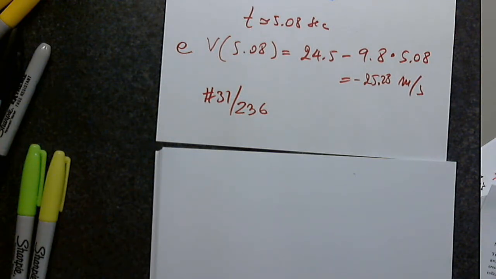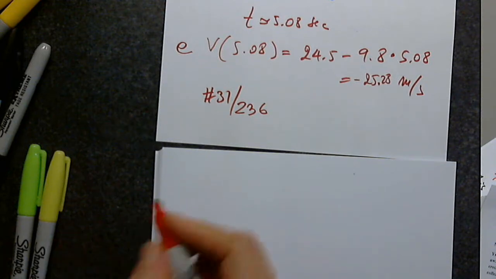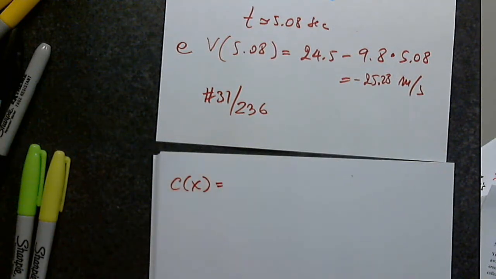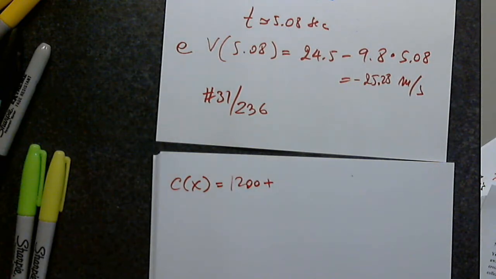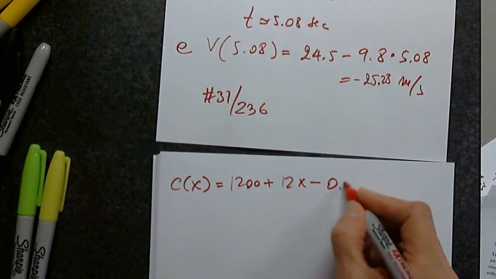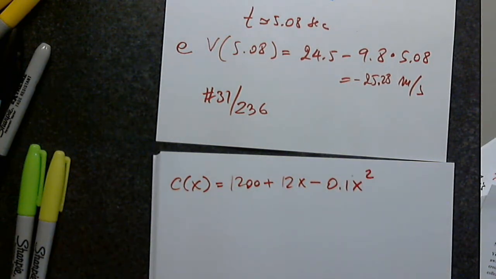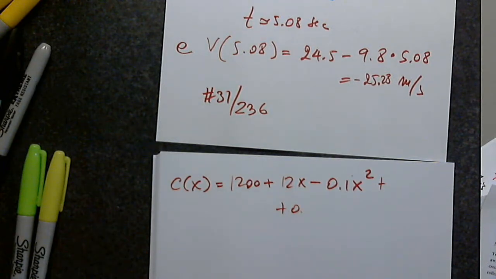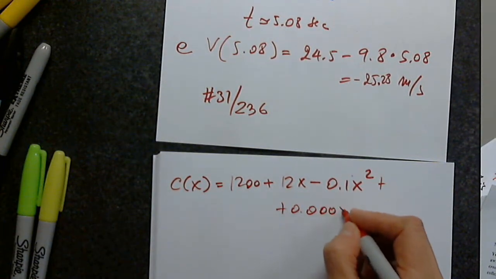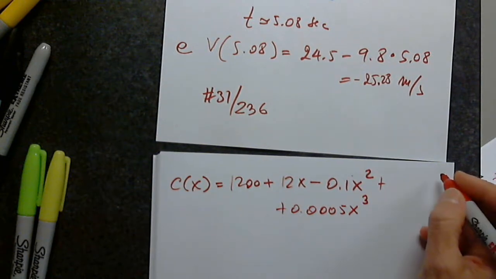Okay, the cost in dollars of producing x yards of a certain fabric is C of x equals 1200 plus 12x minus 0.1x squared plus 0.0005x to the third.